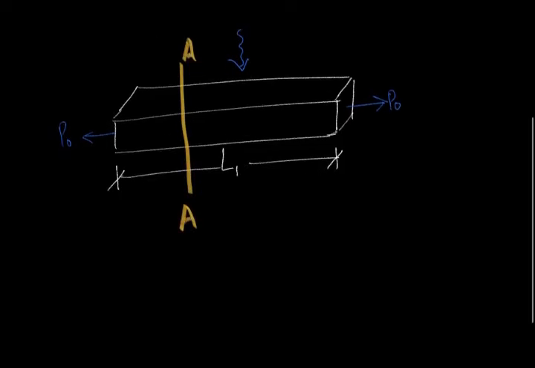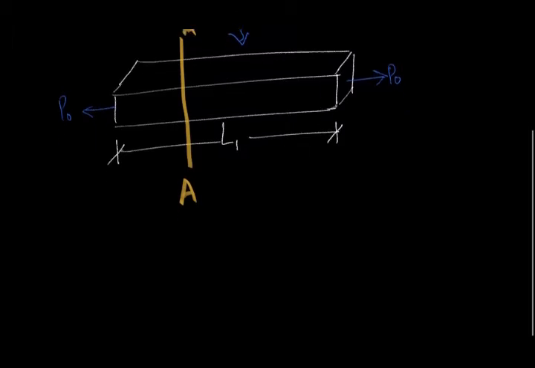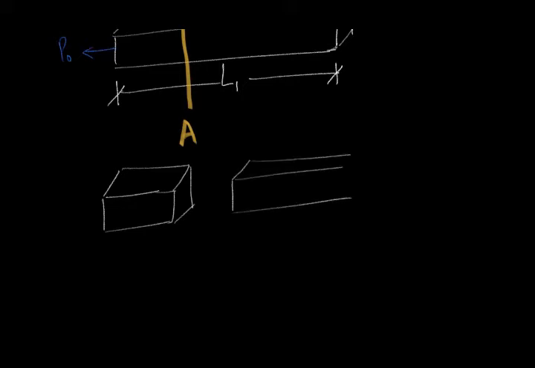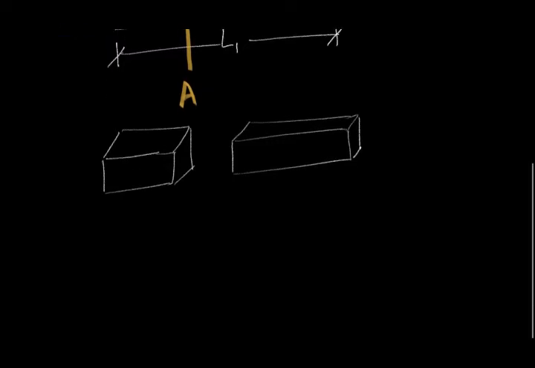Once we draw a free body diagram of this section AA, we will have a section like this, and then we have a force P naught like this.